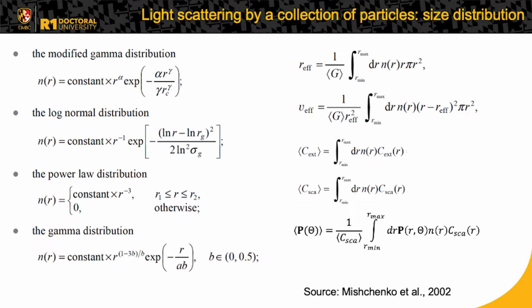You probably have another mode or even triple mode. You have to do the proper size distribution integration there. The gamma distribution is used very often in the cloud community, describing the cloud particle size distribution. And power law is used in the ocean community pretty frequently.